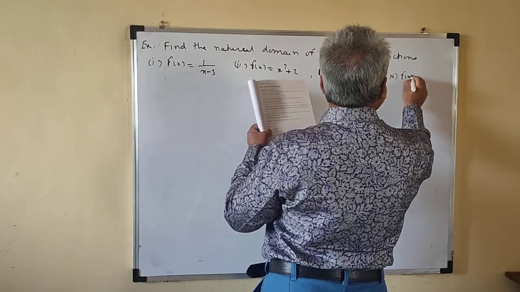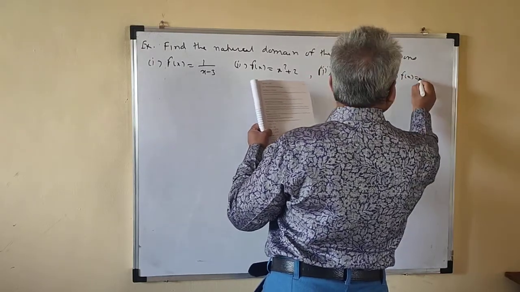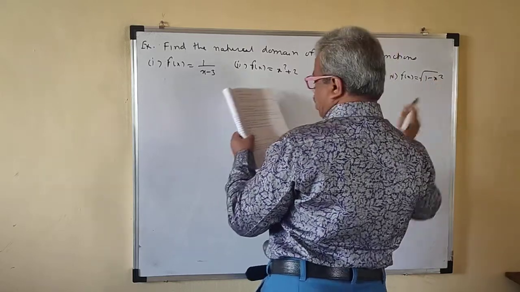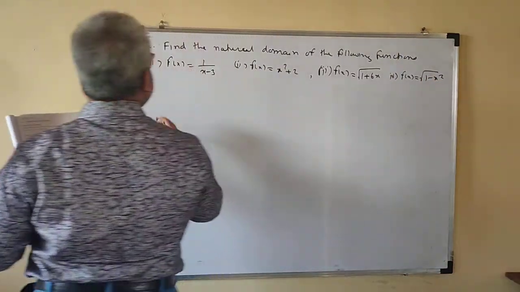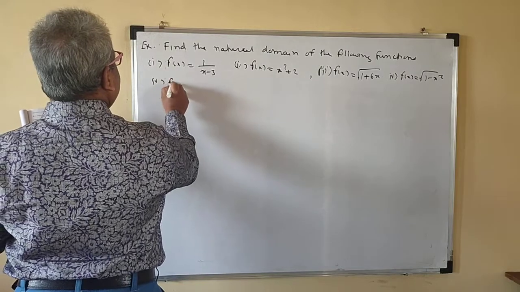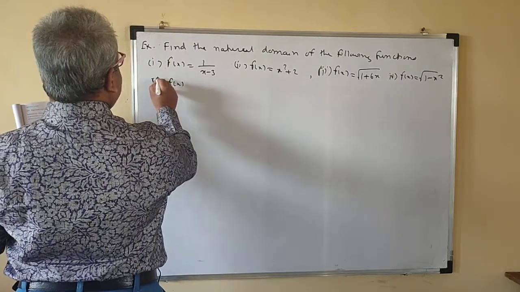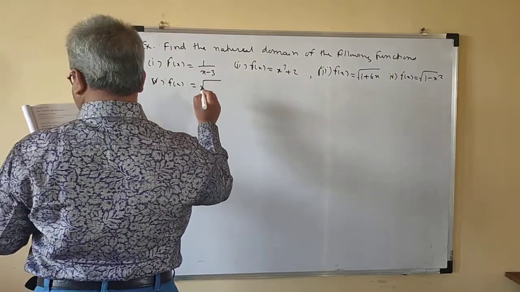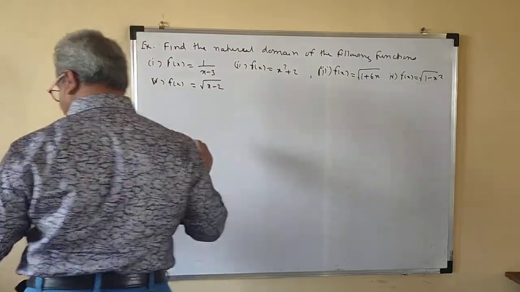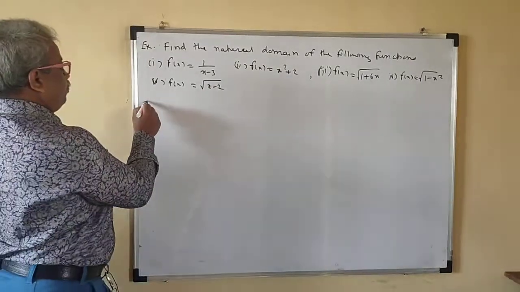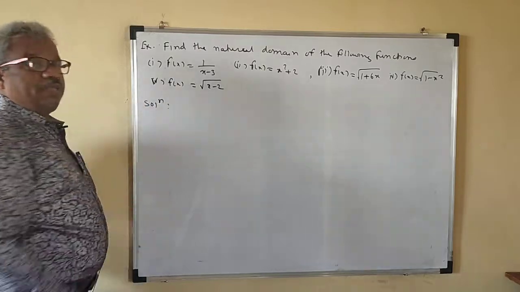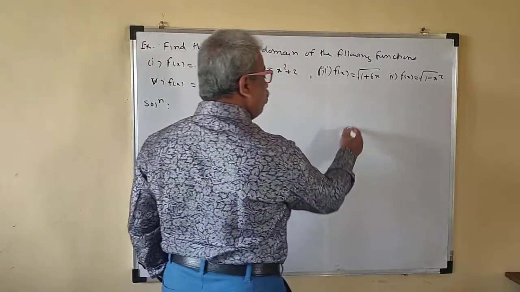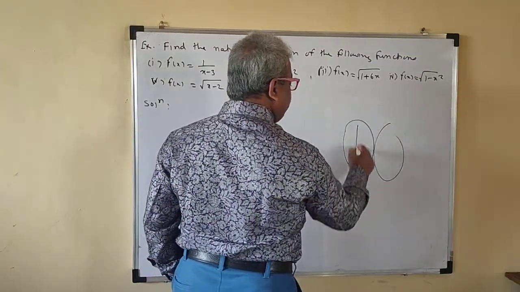Fourth, f(x) = √(1 - x²). And the fifth one, f(x) = √(x - 2). Okay, you have to find the domain. Domain means what?